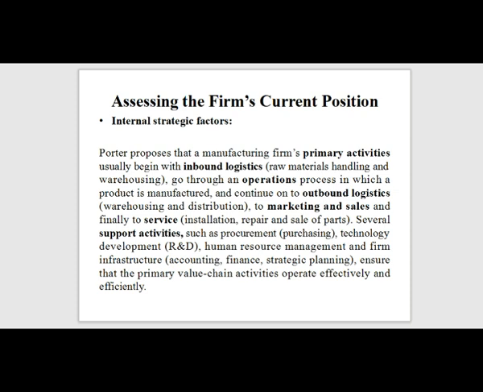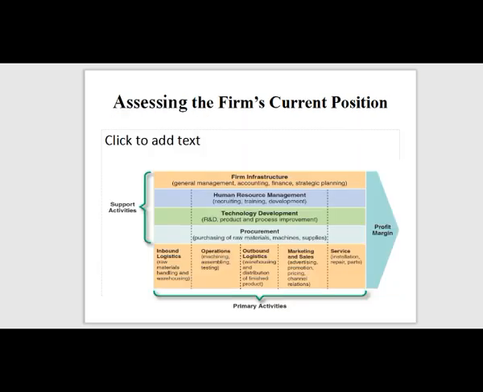Several support activities ensure that the primary value chain activities operate effectively and efficiently. These include procurement, which is purchasing, technology development, which can be the function of the R&D department, human resource management, and firm infrastructure: accounting, finance, and strategic planning. Each corporation has its own internal value chain of activities.